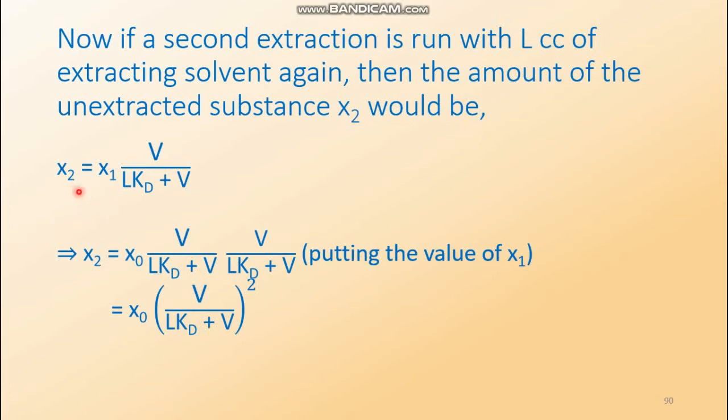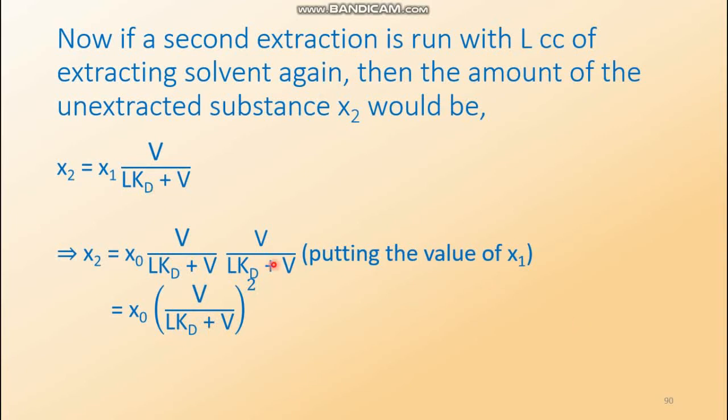So this x2 must be equal to x1 into V by (L K_D plus V). Okay, and you have the expression of x1 here with the help of the previous equation. In the previous equation, x1 was actually x0 into this parameter. So x0 into this parameter is written here instead of x1, and here this V by (L K_D plus V) is written as it was already present, as the second term of the right hand side.